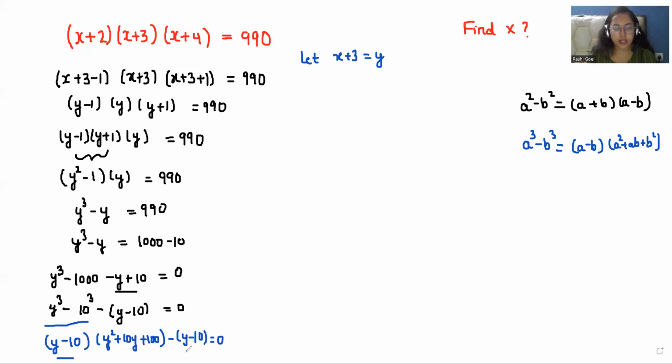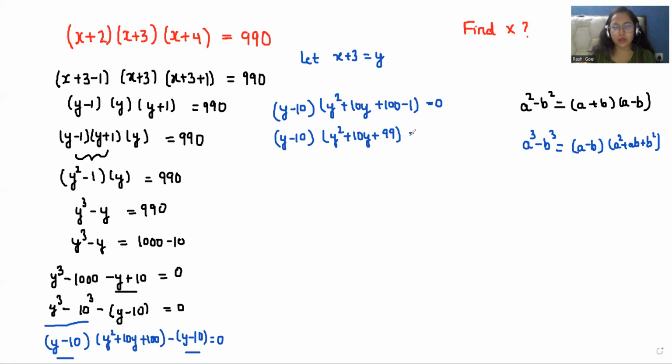Now here I can take y minus 10 as common. So what is left? (y minus 10)(y square plus 10y plus 100 minus 1) is equal to 0. That is (y minus 10)(y square plus 10y plus 99) is equal to 0.